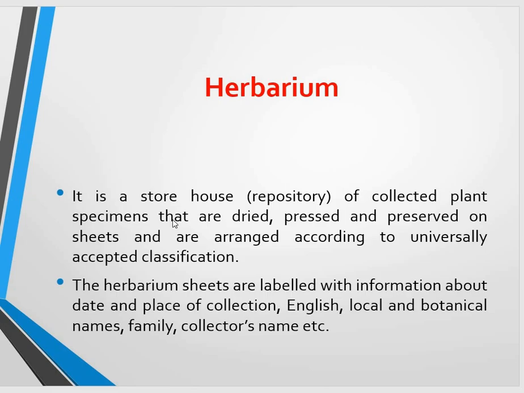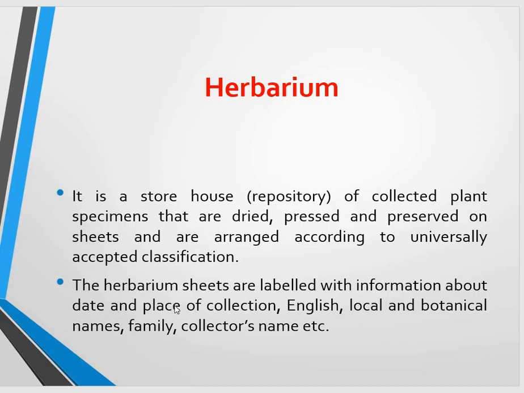Herbarium is the repository of the plant specimens which are dried and pressed so that they can be preserved on sheets, and they are arranged according to the classification. When you dry a plant part, it removes the moisture from that, and that can be preserved for some time.